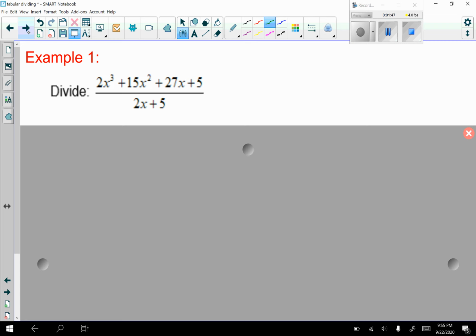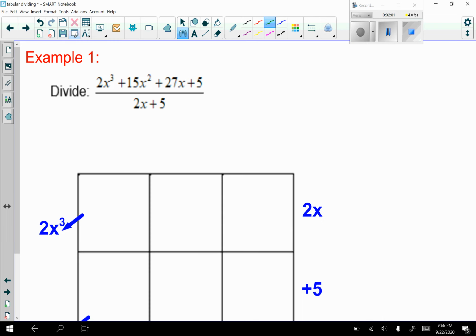Let's take a look at our first example. 2x cubed plus 15x squared plus 27x plus 5 divided by 2x plus 5. So we're going to divide today with the tabular method. This is my divisor, and my divisor is always going to go on the right side of the box method.